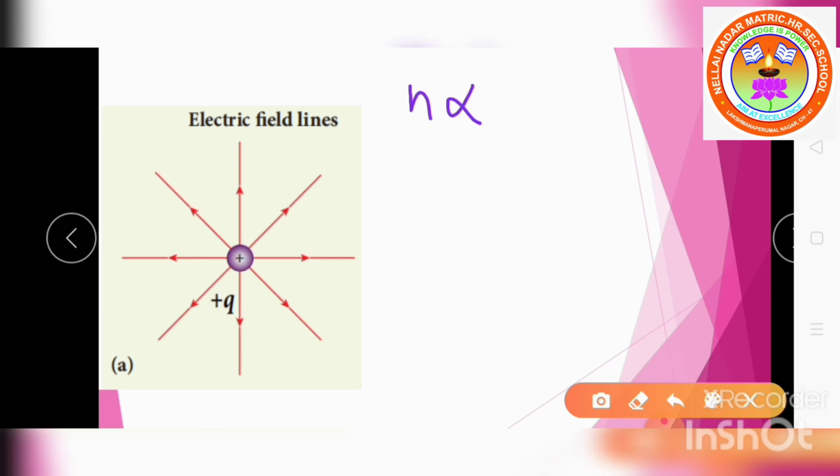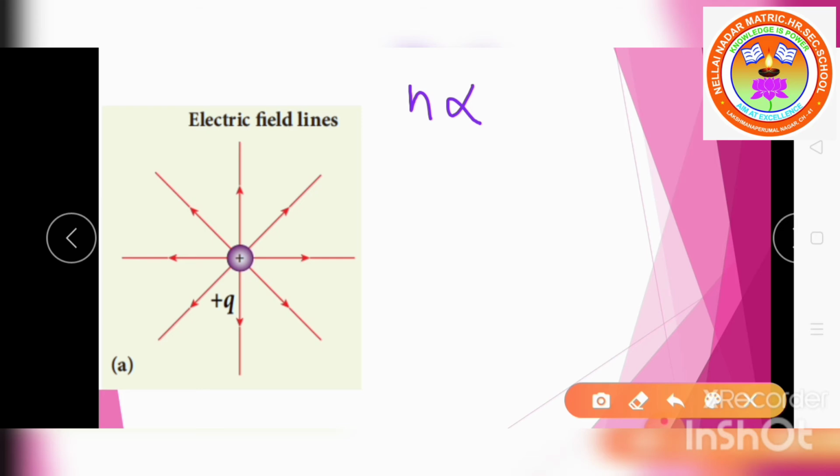In the first one, here we have taken one positive charge. You know that for a positive charge, the electric lines move in an outward direction. The concept here is that the number of electric field lines that emanate from a positive charge is directly proportional to the magnitude of the charge.